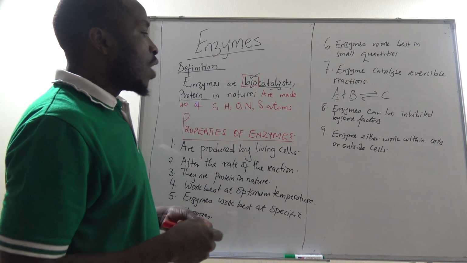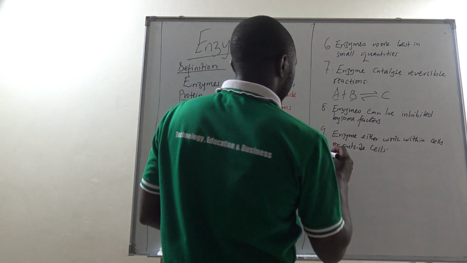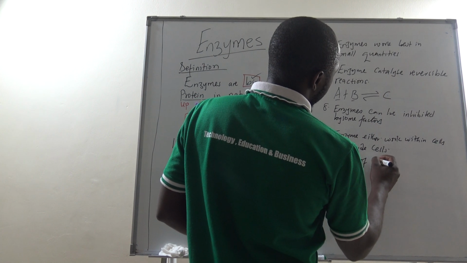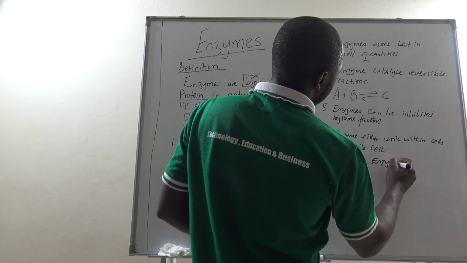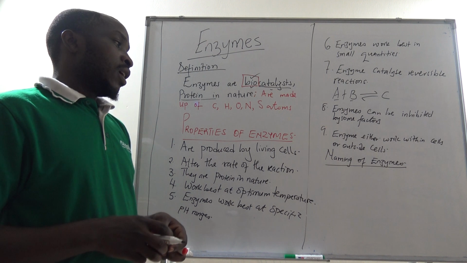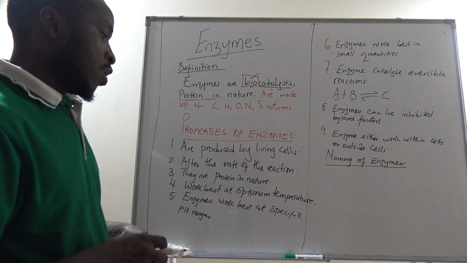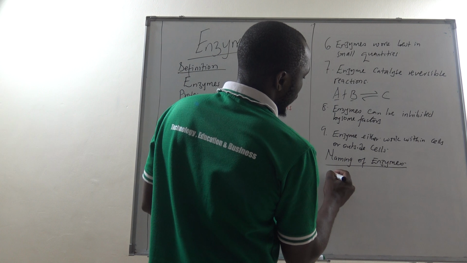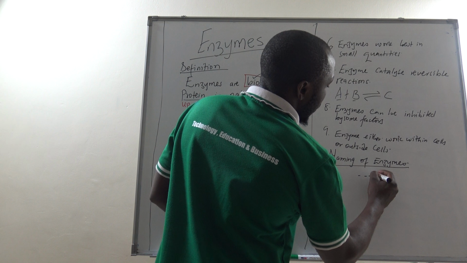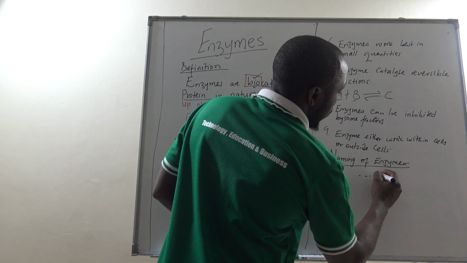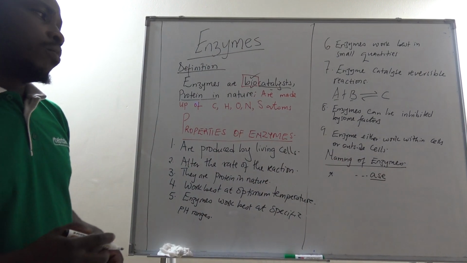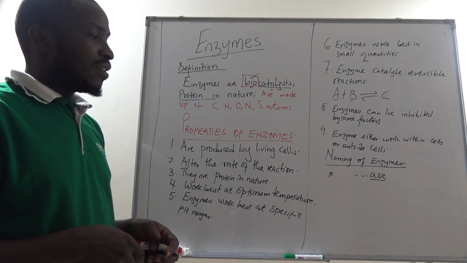Then we can now briefly talk about naming of enzymes. In most cases, in the naming of enzymes, biologically, when we find a word ending with the suffix "-ase", we can conclude that one might be near to an enzyme.